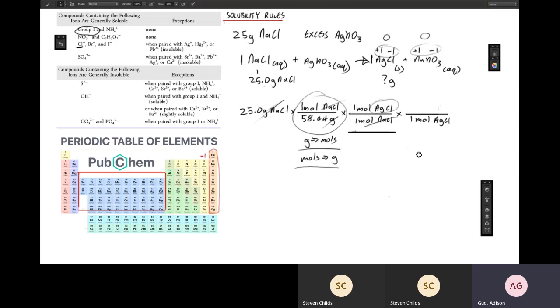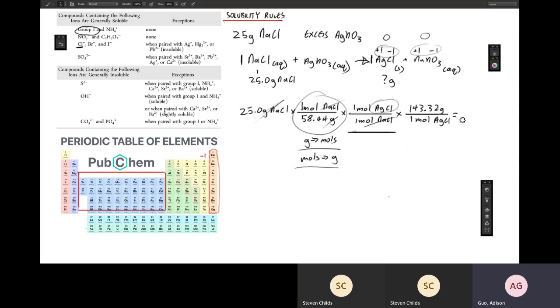1 mole of silver chloride has, let's see, silver is 107.87, and then chlorine is again 35.45. Add them together, and you get 143.32 grams.